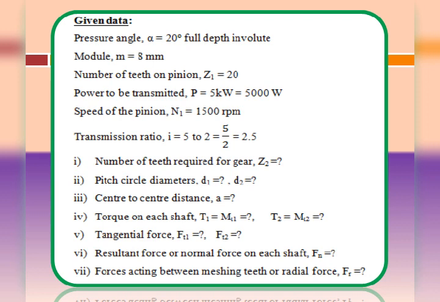Next, tangential force FT1 equal to question mark, as well as FT2 question mark. Resultant or normal force on each shaft Fn is equal to question mark. Forces acting between meshing teeth are radial force Fr equal to question mark. So here suffix 1 and 2 indicate pinion and gear respectively.